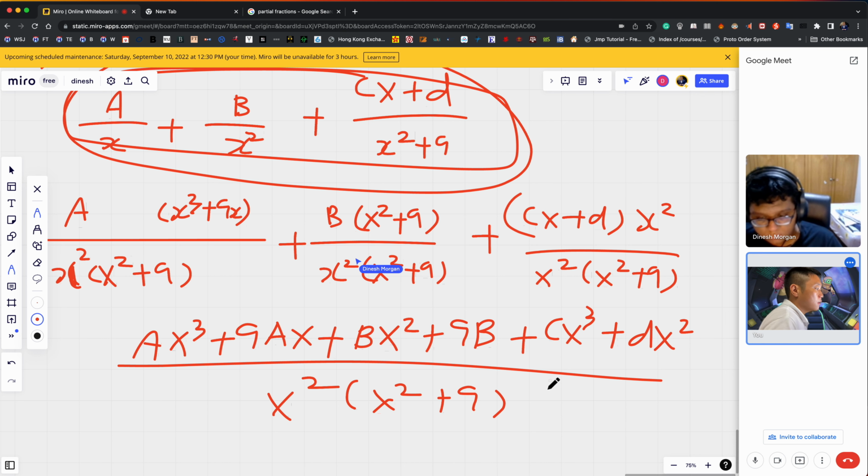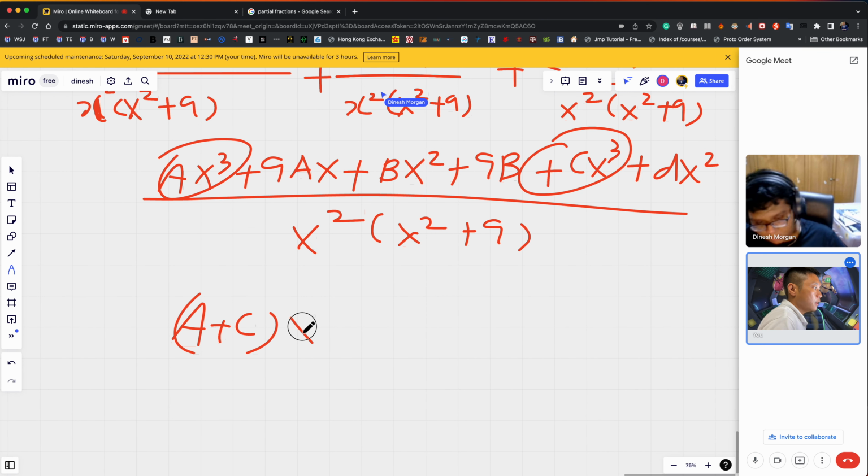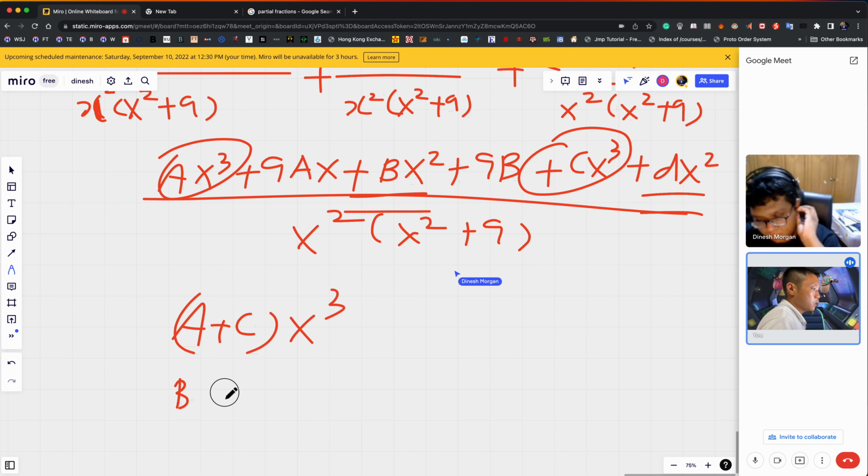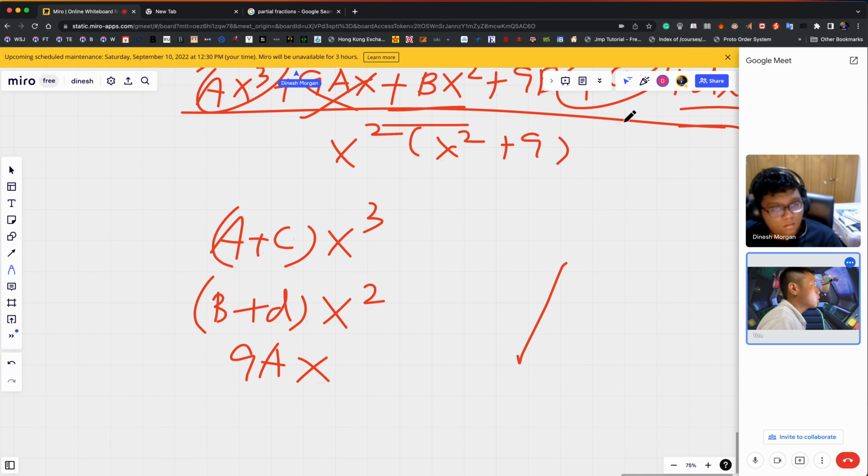Then by comparison, you need to compare. But before that, you group similar terms. So it's a plus c for x to the power 3. This x squared and this x squared is b plus d for x squared. Then you have the 9ax, and this one is gone. You have the 9b.